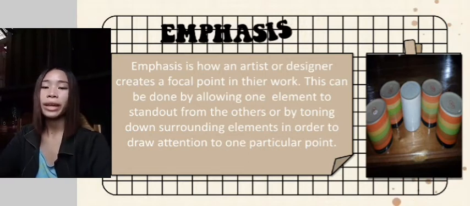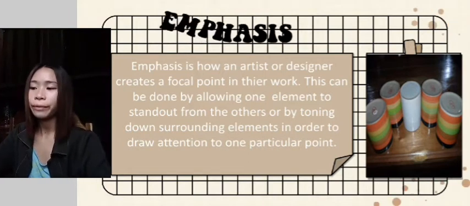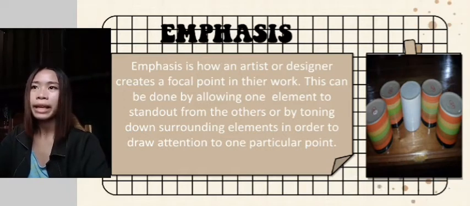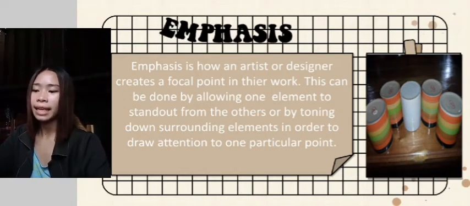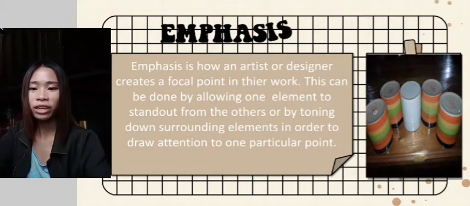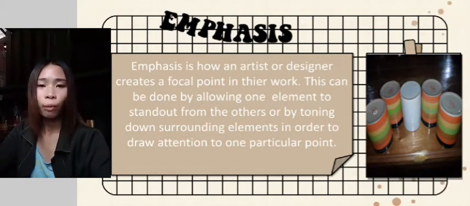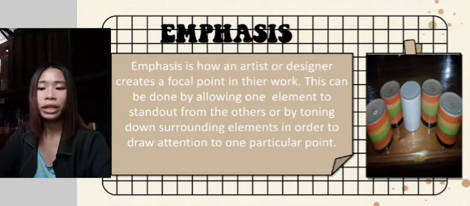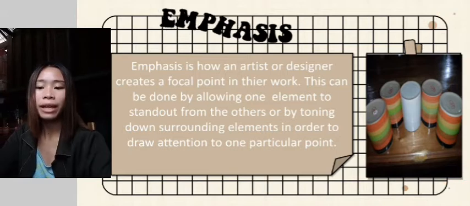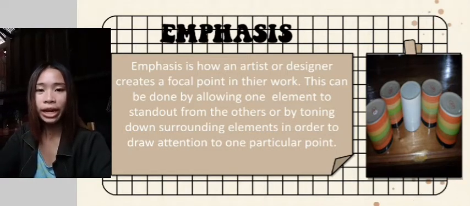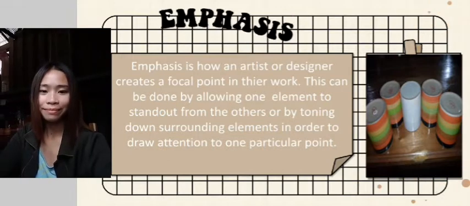Some ways to create emphasis might include contrast, isolation, line placement, size, or scale. Emphasis can be achieved in a number of ways. Repetition creates emphasis by calling attention to the repeated elements, sheer force of numbers, contrast of color, texture, or shape.